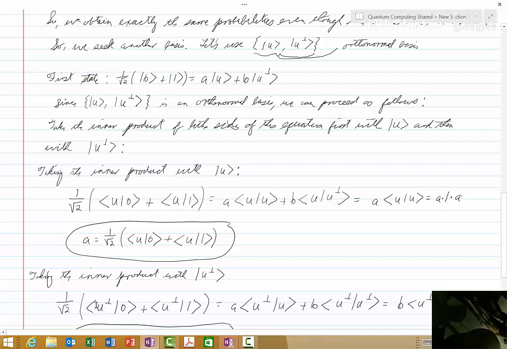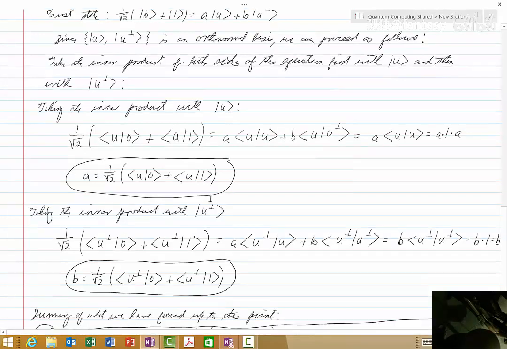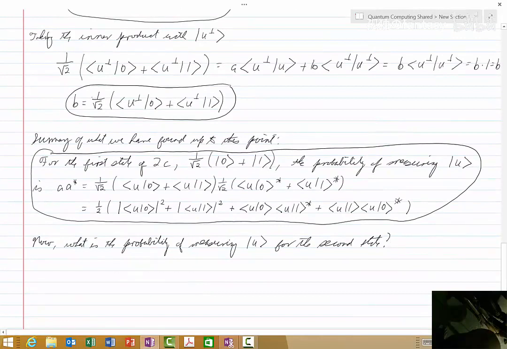And we found out what A was, and likewise we found out what B was. Even though, as I argued, we really don't need B too much, because we don't have to calculate that second probability. Once we calculate the probability of obtaining U as a measurement, then we know the probability of obtaining U orthogonal. It's just 1 minus that. So we'll do the same thing down here a little bit more quickly, but we won't rush through it.